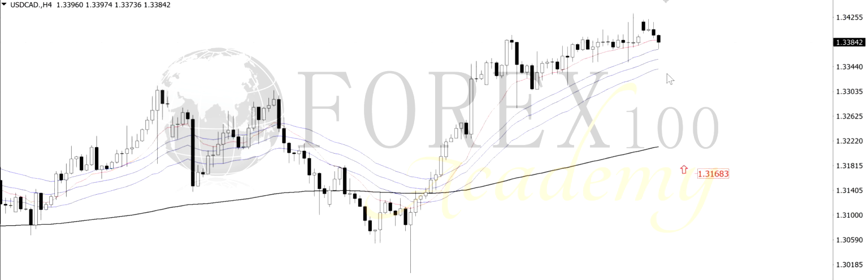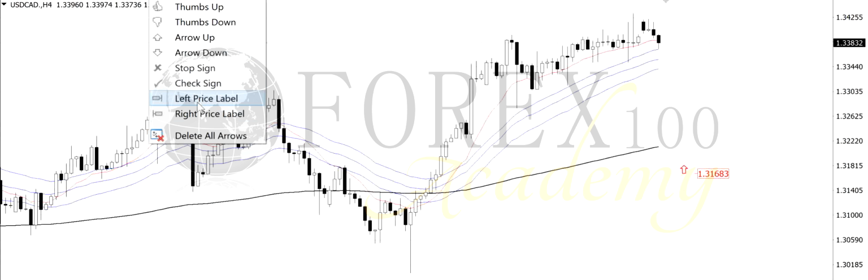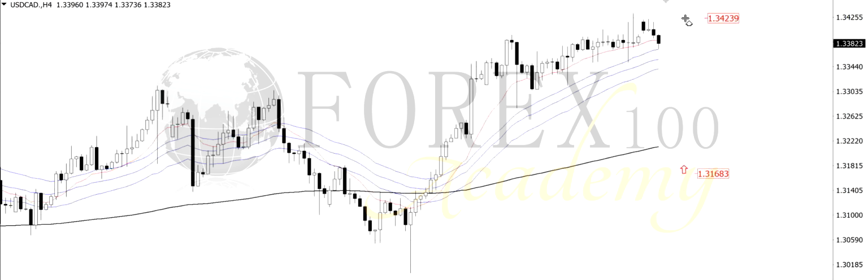My entry will be at 1.3168, looking for a long, and my stop loss will be 60 pips below, bringing it to 1.3108. My take profit level will be over here, the previous high, which is 1.3416. That's for dollar Canadian.